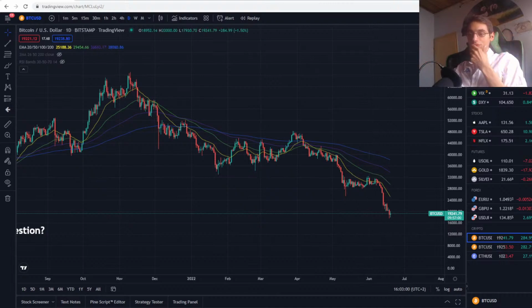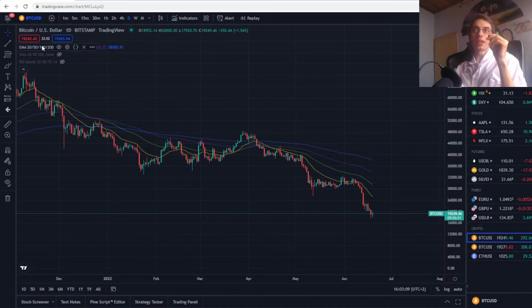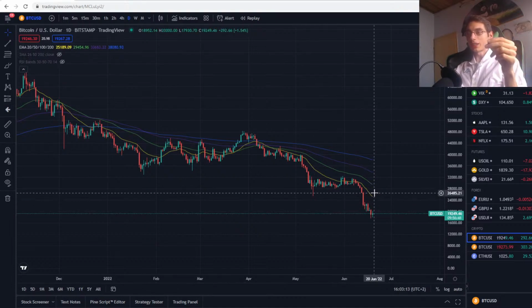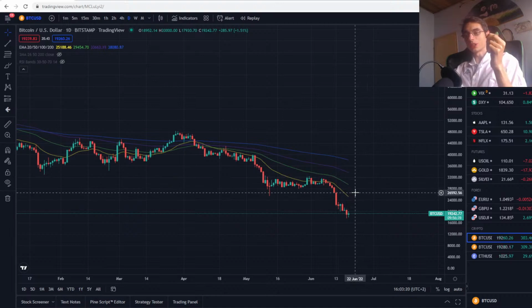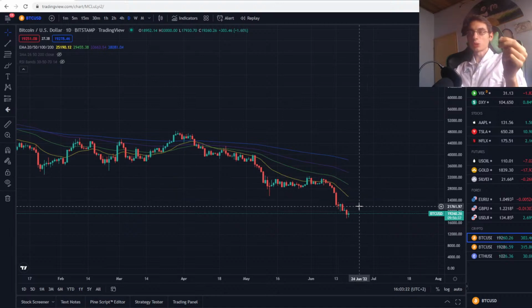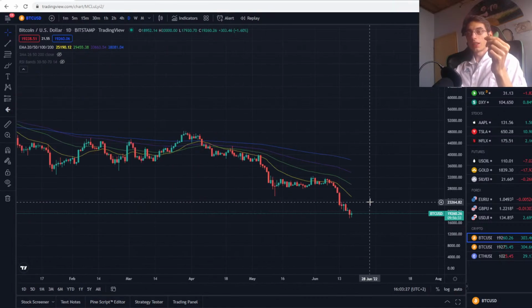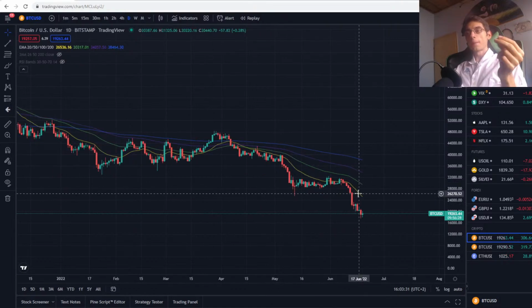The 20 and not the 26, because we are using the 26 on the SMA and the 20 on the EMA because it's faster, so we can better assess the short-term price action, whether it is bullish or bearish. As you see, until we reclaim it, we are still in a very short-term price action.